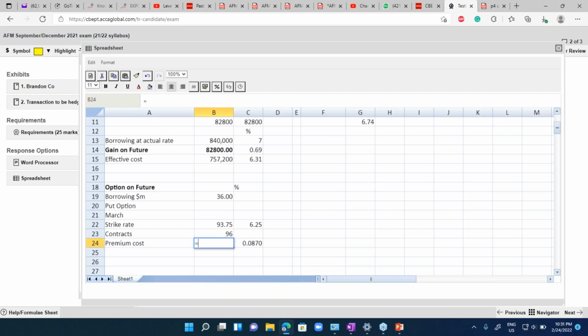Or you can also use number of contracts into contract size into 0.087 percentage into 3 by 12. You can also use this way.